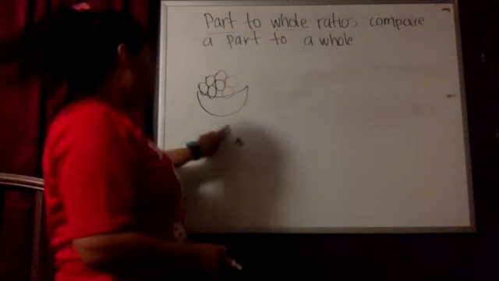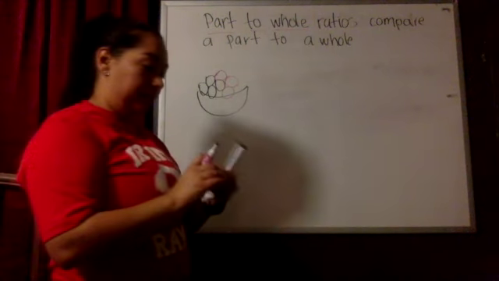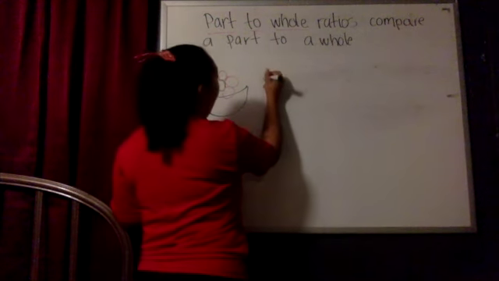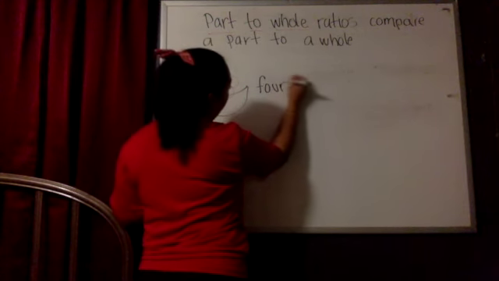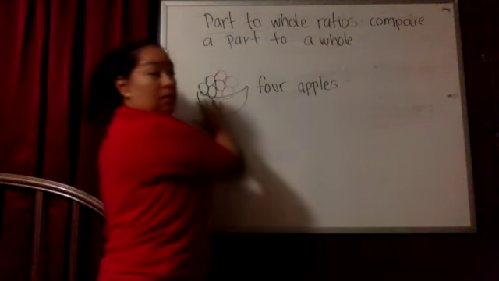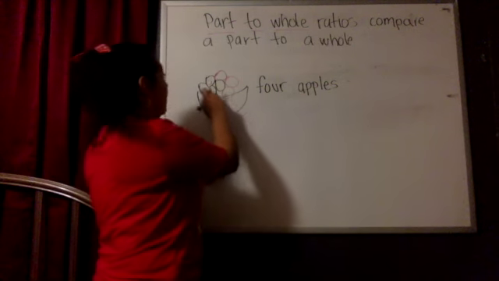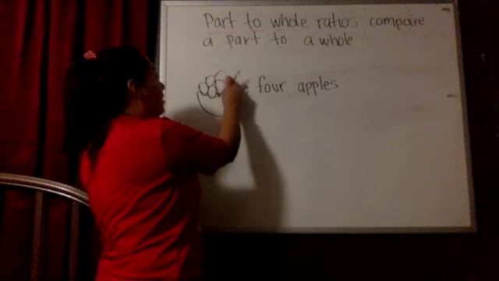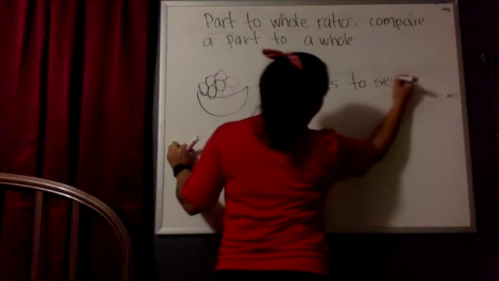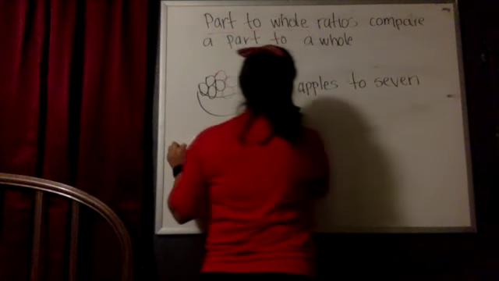So if we go back to our fruit basket, we would say that we have 4 apples, that is the part, and the whole is 1, 2, 3, 4, 5, 6, 7, 7 fruits.